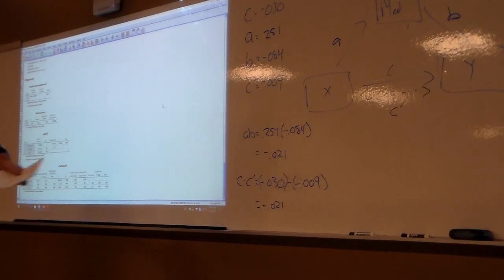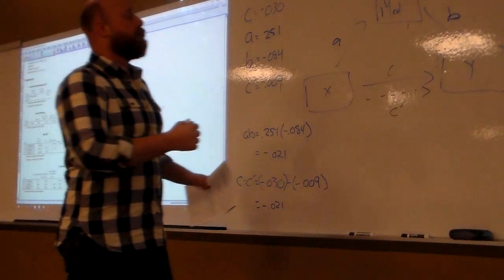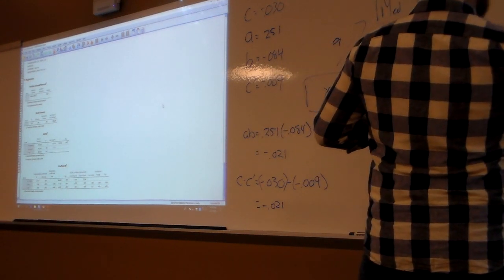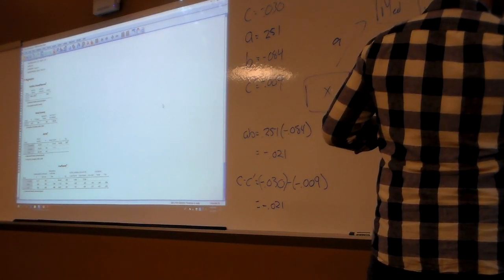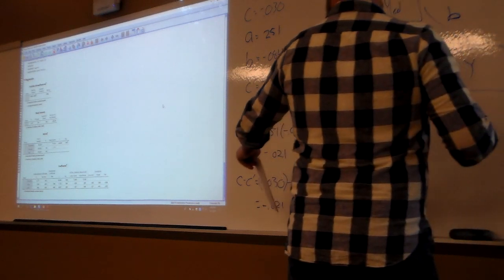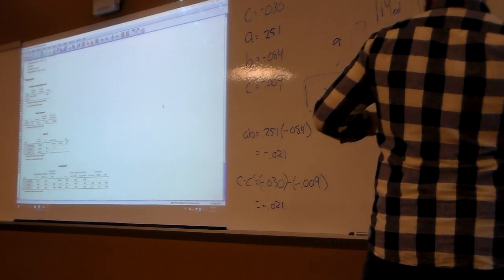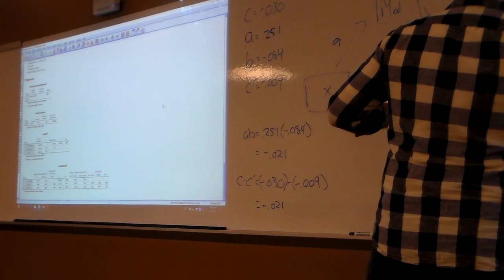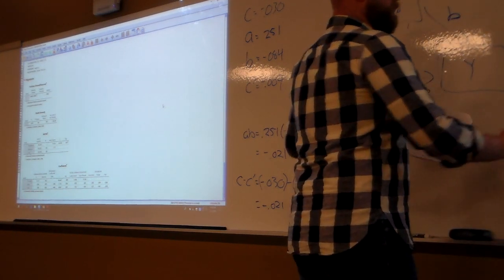What if I go through and take AB plus C prime? If I take -0.021 plus C prime, which is -0.009, what do I get?